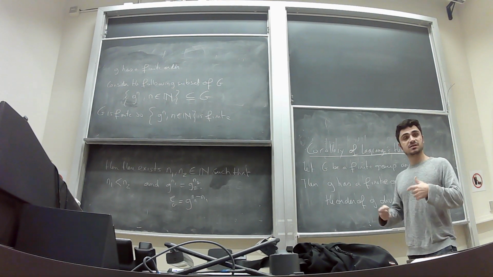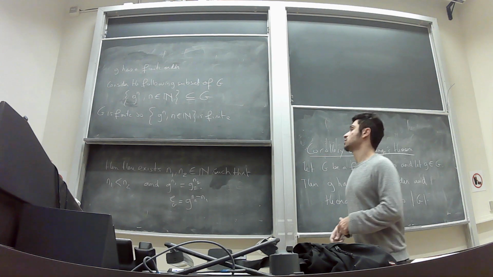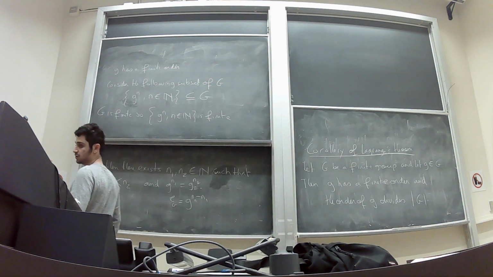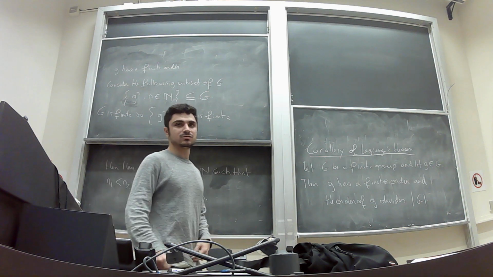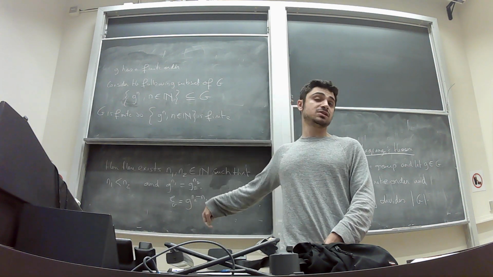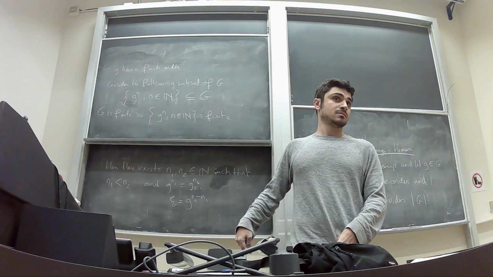So if g to the n is equal to g, this means that g to the n minus 1 is the identity, right?